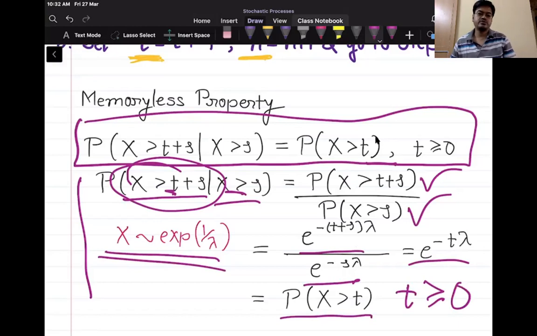Therefore, the exponential distribution has the memoryless property. Now we have proved that the exponential distribution has the memoryless property. We have also seen that the exponential distribution can be used to generate a Poisson process, and now it's time to go to the hazard rate function method.